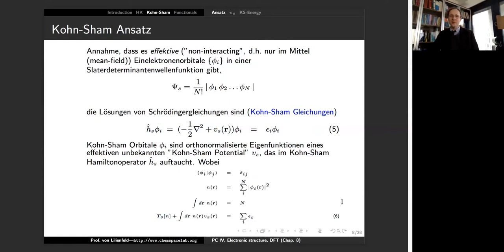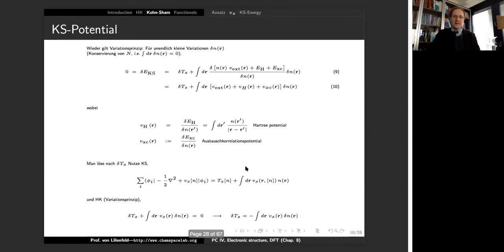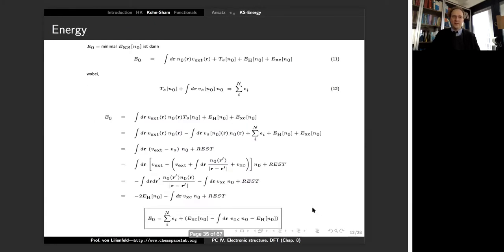And once you're converged, you have orbitals, the eigenvalue energies, and the electron density. And then in the last part, we discussed how you would use this to actually calculate your total energy, as in this boxed frame.